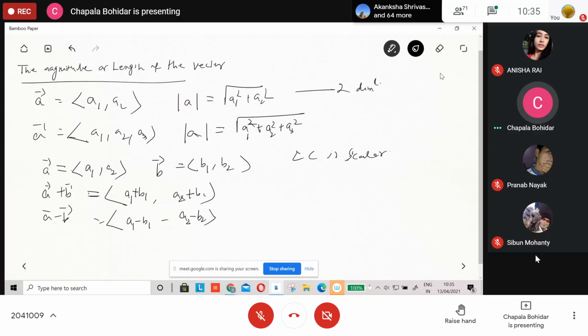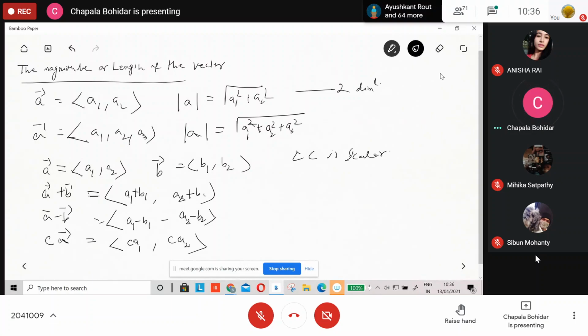C into vector A, where C is a scalar: C A1, C A2. Similarly, you can write it down for three dimensional. Yes, ma'am. Okay.